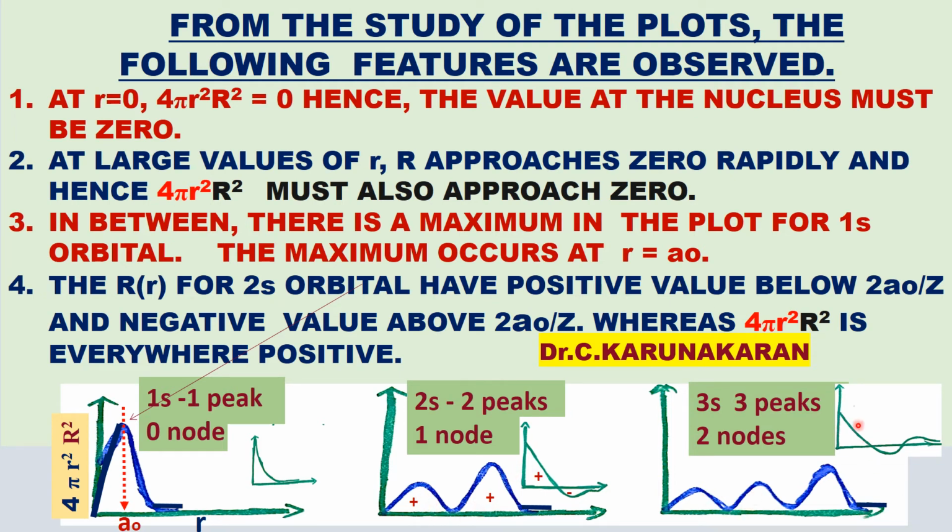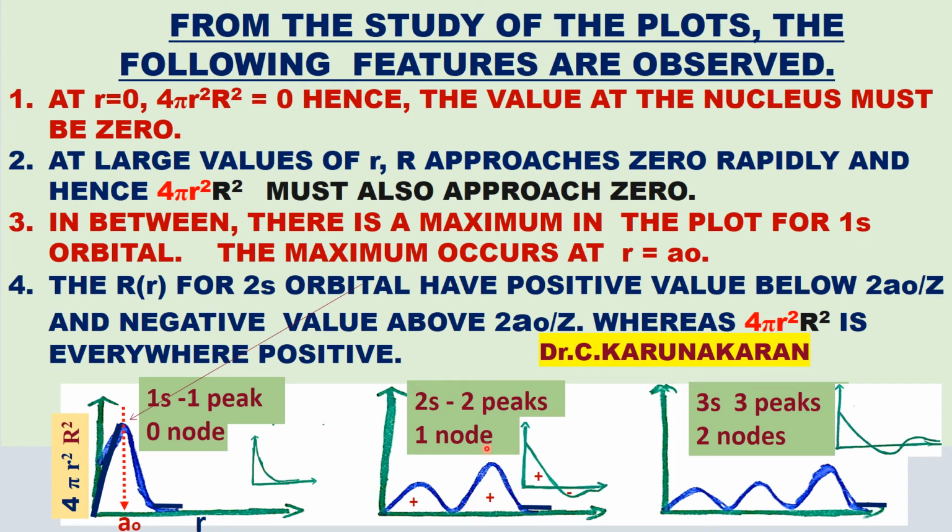Here is the radial wave function curve for the 3s orbital. Again, for the 2s orbital there are 2 peaks, for the 3s orbital there are 3 peaks. There are 2 little peaks, and this is the maximum probability of finding the electron. You see here, for the 1s orbital the maximum probability of finding the electron is close to the nucleus.